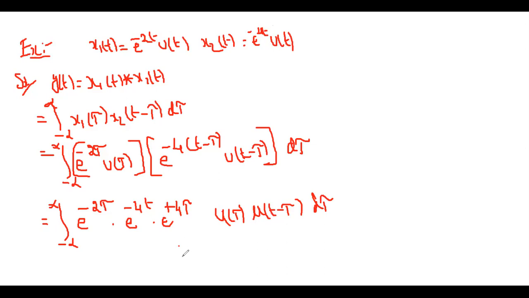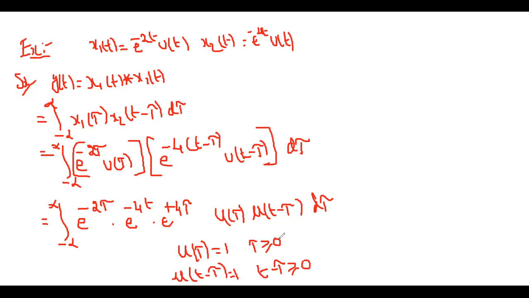What are the values here? Mu of tau is equal to 1 for tau greater than or equal to 0. Okay, my dear students. So whatever tau we have inside the parenthesis is greater than or equal to 0. Similarly, mu of t minus tau, after the shifting of the samples, is equal to 1 when t minus tau is greater than or equal to 0. Okay, students.